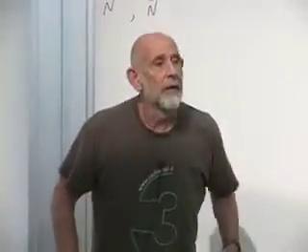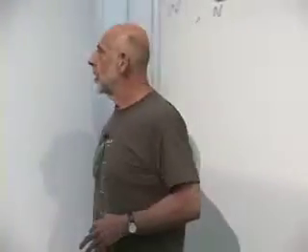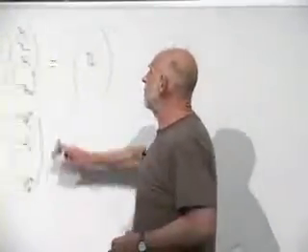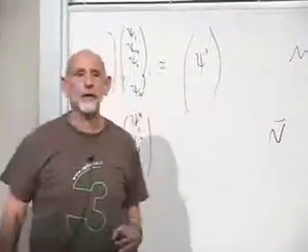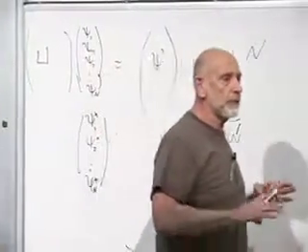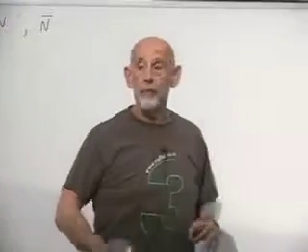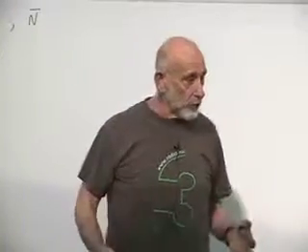OK. The next thing you can do, let's suppose that these columns here represent the possible states of a single particle. Again, they could represent the spin states, up or down. They could represent proton or neutron in what's called isospin.